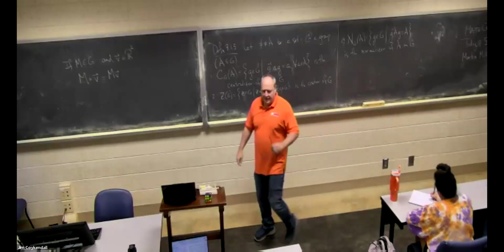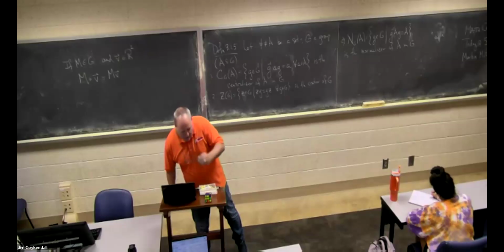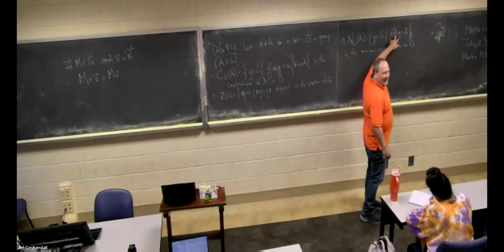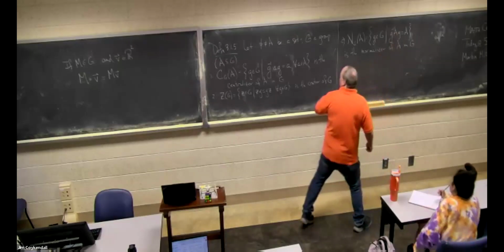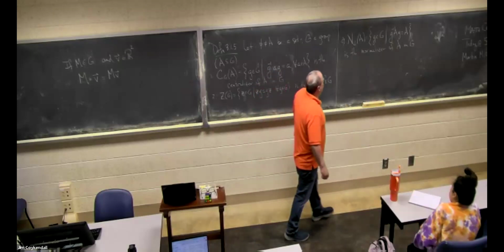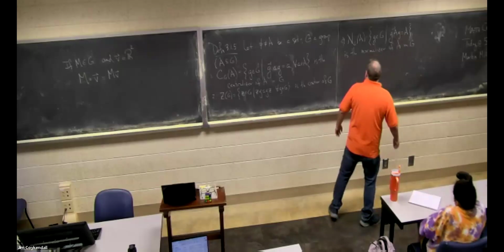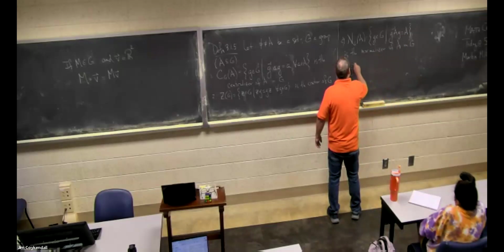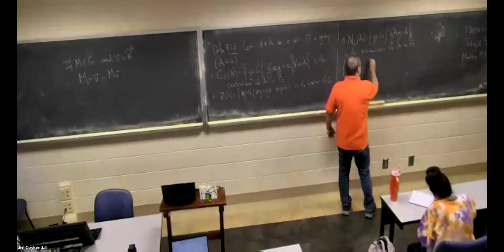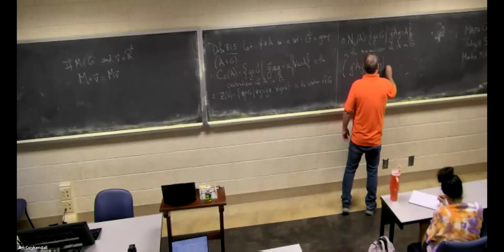Now, I know you're dying to ask it. What do I mean by this, right? Because A is a set. I know what I mean by this when it's an element. This is g inverse times a times g. But what do I mean by conjugating a set? Well, this is itself a set.